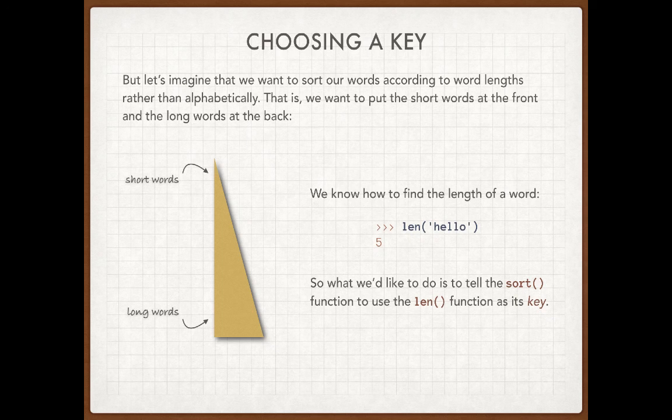So here's what I'm going to do. I am going to tell the sort function to use len as its key. So what the sort function will do is say, okay, well, I'm not doing this alphabetically anymore. What he's given me is a new key function called len, and I will use that as I calculate how to sort this whole list.